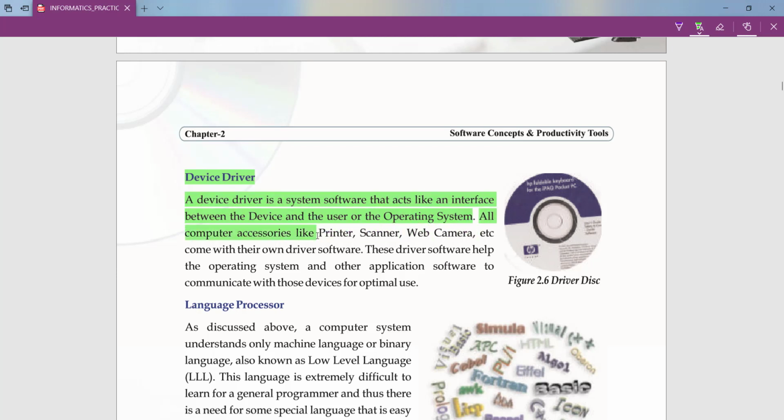All computer accessories like printer, scanner, web camera, etc. come with their own driver software. So whenever you install any new peripheral device, it comes with its own device driver.